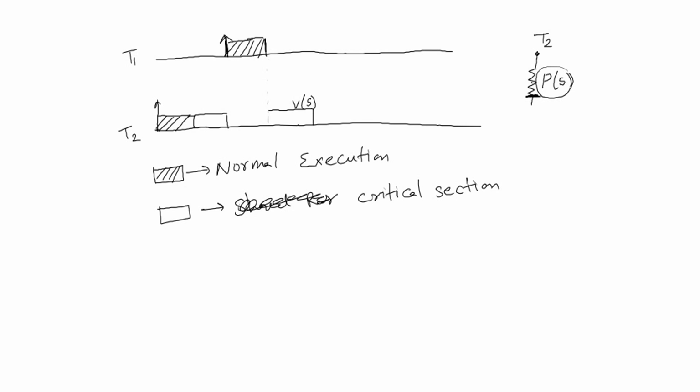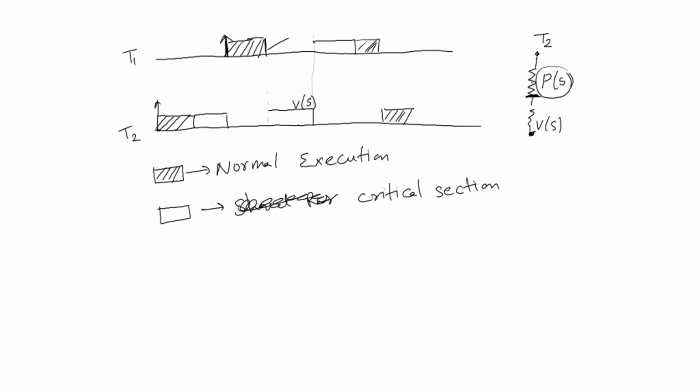Let's call that VS, where it releases the critical section. Now that it is released, T1 will again get the priority. First it will get the critical section, then it finishes its normal execution, and only then can it start executing the remaining part, right?